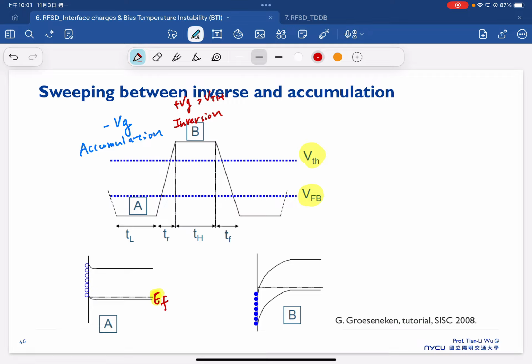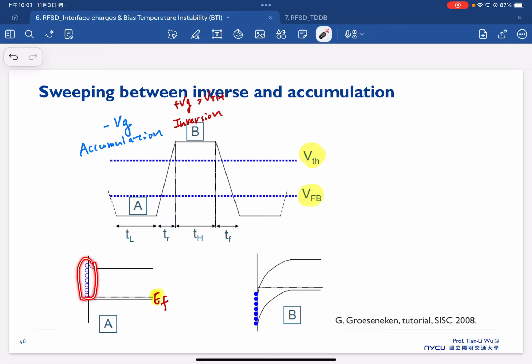What does that mean? It means that the defects in the interface are empty, because they have no chance to access electrons, since electrons are always below the Fermi energy. So right now this is an empty state.